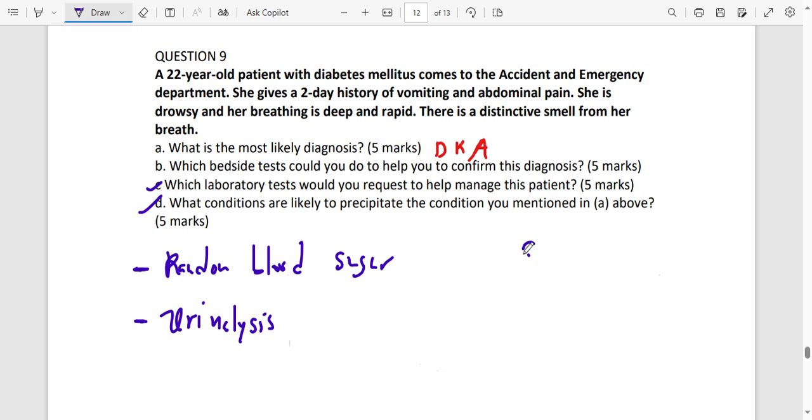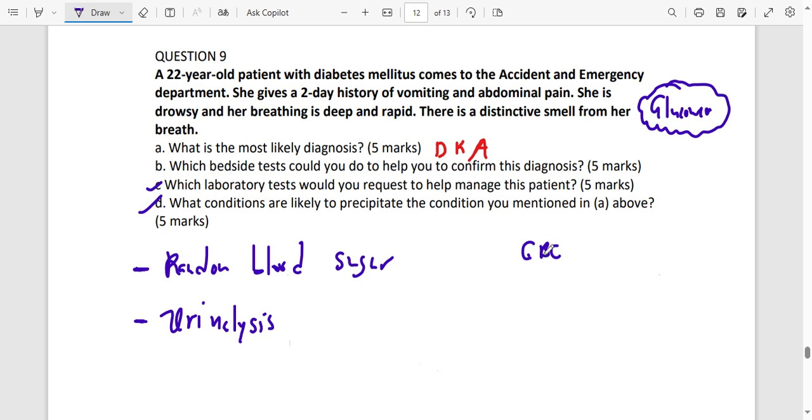Okay. Some things we can look at is the complete blood count. Remember, glucose itself is good food for some bacteria and some other microorganisms.